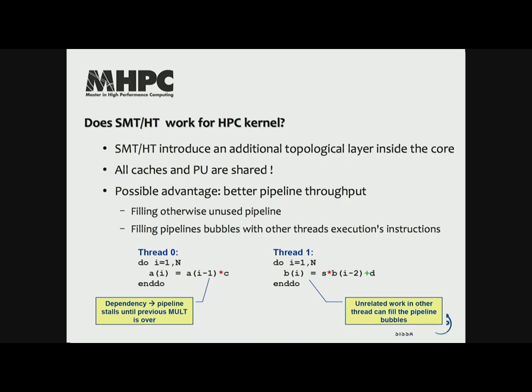Here you also have a dependency, but at a different stage, because to compute this you need the value from 2 cycles before, since this multiplication requires -2. So it could be that these kinds of threads can combine in an appropriate way. This could be the option.